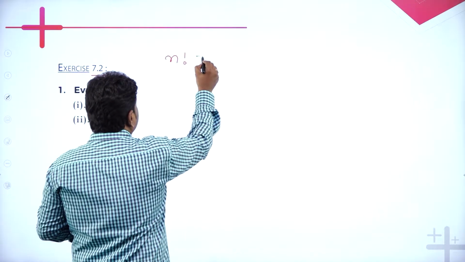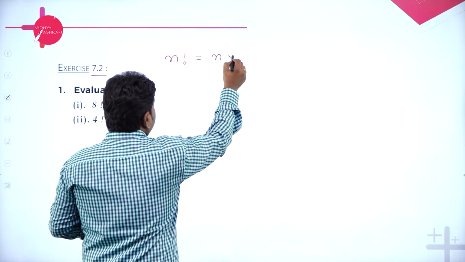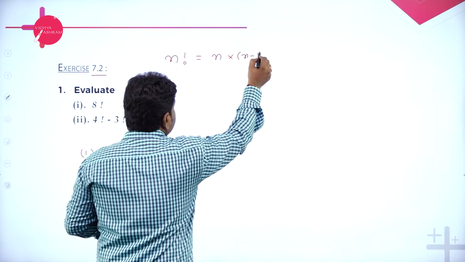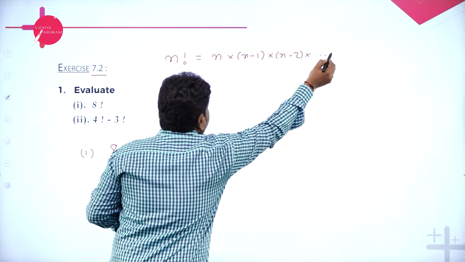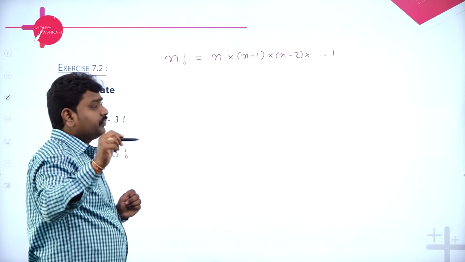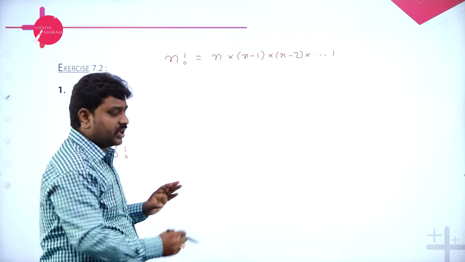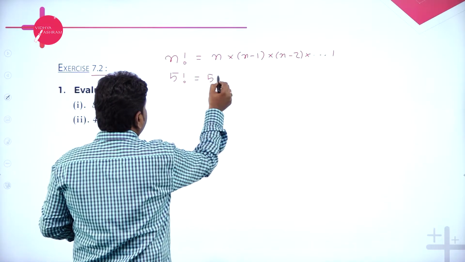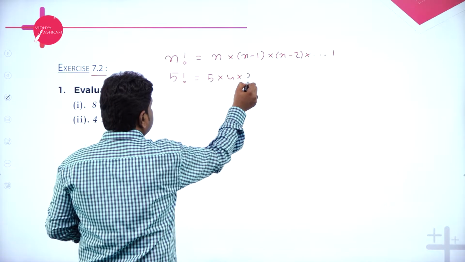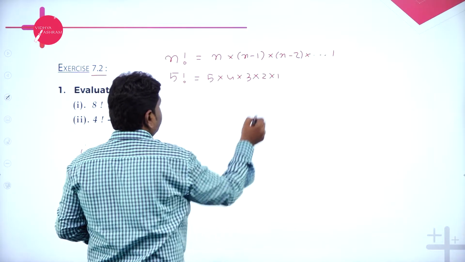What is n factorial? Start from n, go on decreasing by 1: n into (n minus 1) into (n minus 2) into, and so on, till you get 1. For example, if you have 5 factorial, start from 5 into 4 into 3 into 2 into 1.